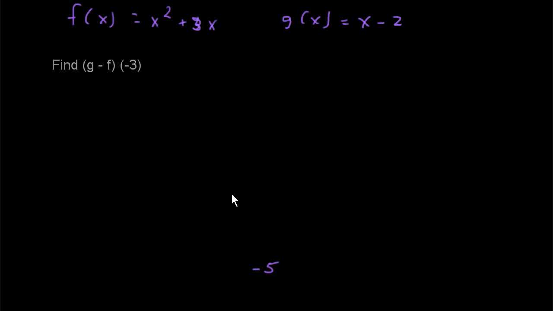Otherwise, let's go through g minus f of negative 3. We could do this in two ways. The one way we could do it is find out what g minus f of x is first, and then replace the x with negative 3. That's what we did in the first and second problem. But there's another way to do it.